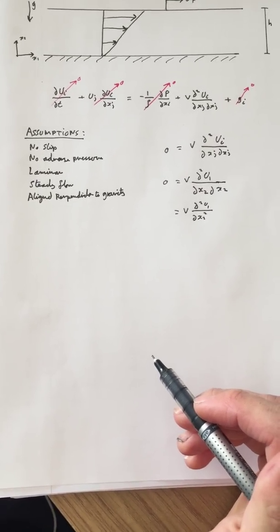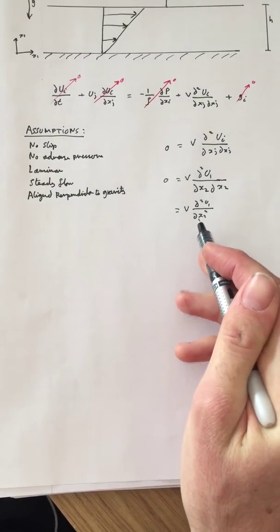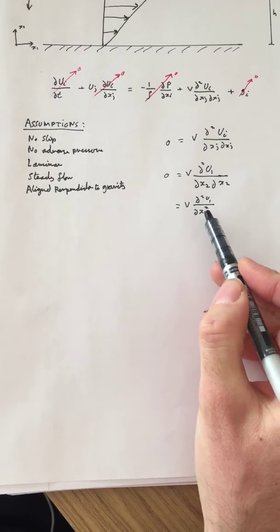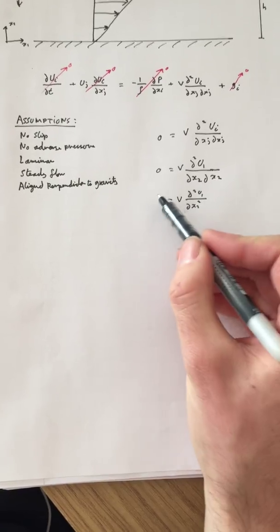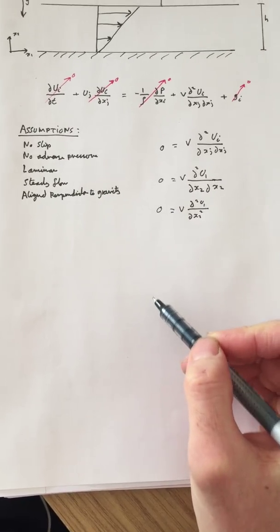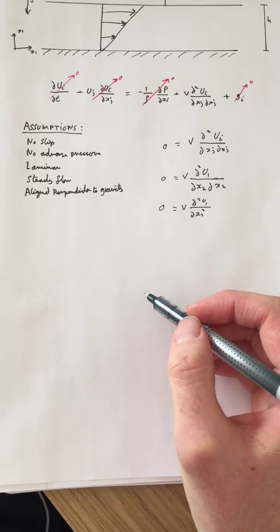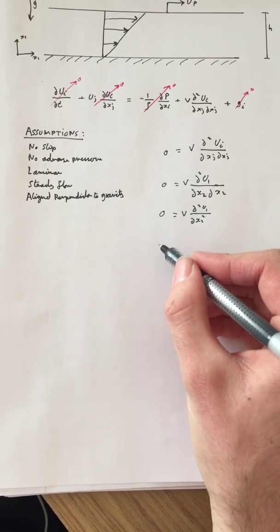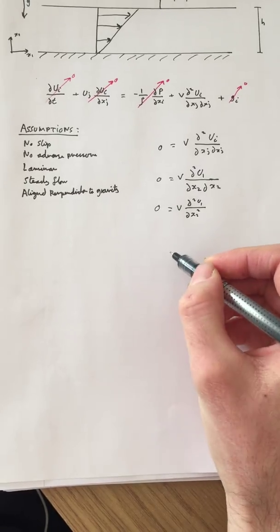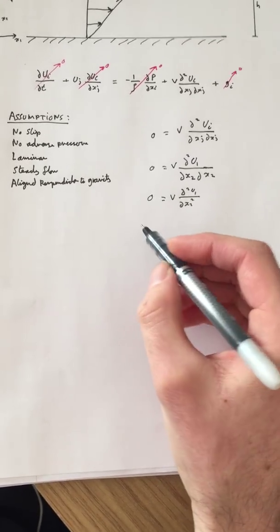Now, we can assume these partial derivatives are the same as ordinary derivatives. It only depends on one parameter.